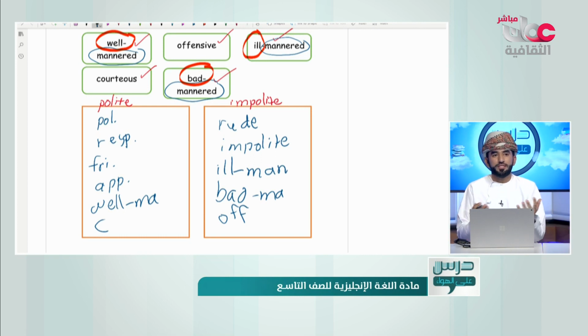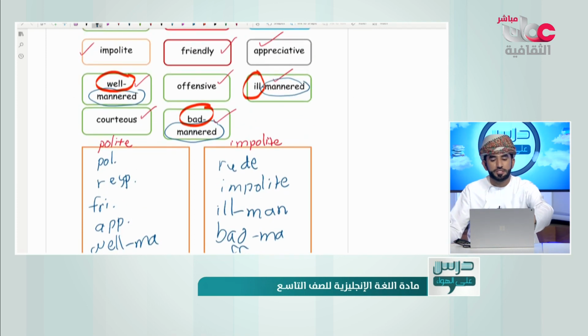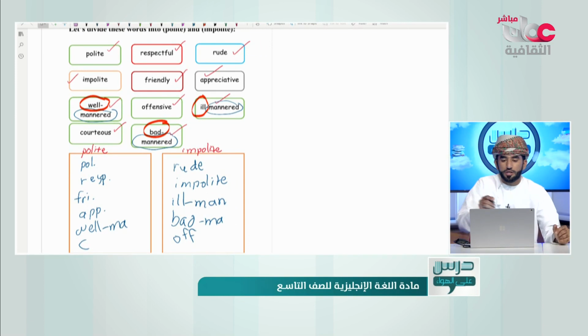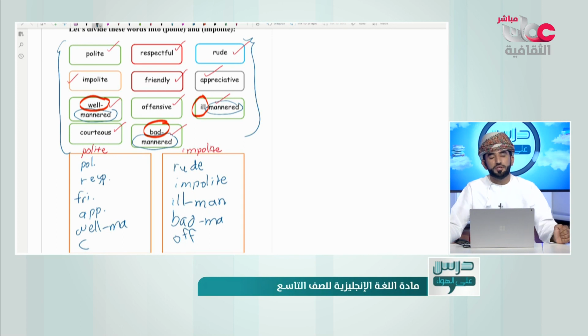So what is really important in this task? Why did I spend so much time talking about this task? I feel like all of those words, people, are very important. Never, never, never forget them. They are very lovely and useful when it comes to writing and even when it comes to speaking.